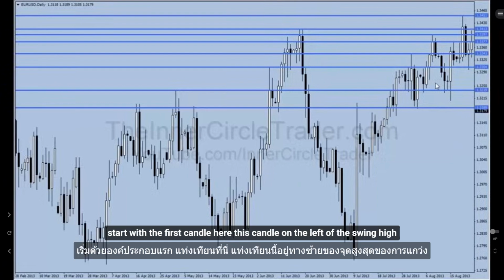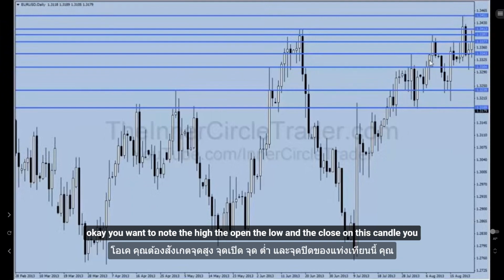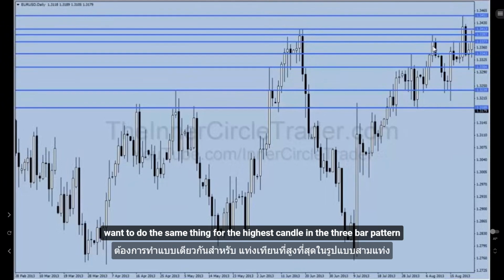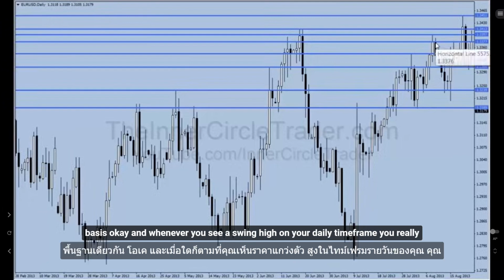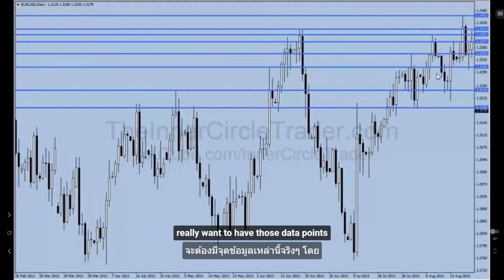We're going to start with the first candle here, this candle on the left of the swing high. You want to note the high, the open, the low, and the close on this candle. You want to do the same thing for the highest candle in the 3-bar pattern, noting the open, high, low, close values on that same basis. Whenever you see a swing high on your daily time frame, you really want to have those data points.